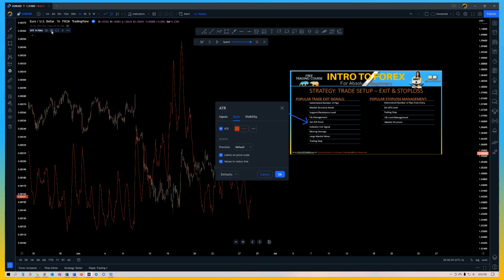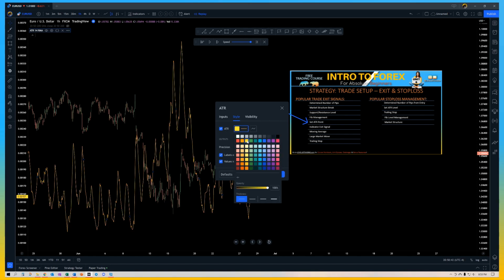And so if I come in here to the gear bar, because now your ATR settings are up here at the top, and if I click on that gear box, I'm going to use yellow just because I run a really dark background, and so I like the numbers to be really bright and visible.